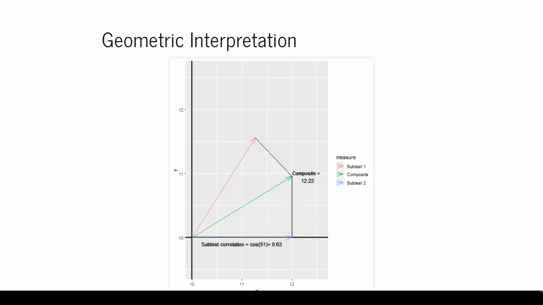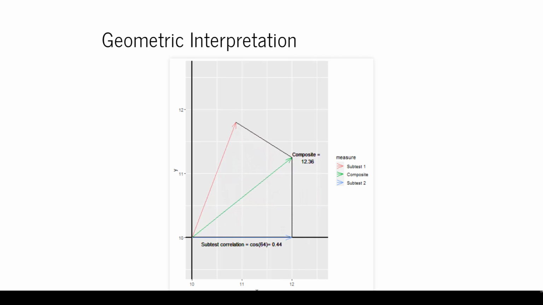Subtest 1 is in the red, subtest 2 is just along the x-axis in the blue. These 2 vectors make an angle, and the cosine of that angle is equal to the correlation of those vectors. As the vectors spread further and further apart, the correlation between them is going down, and the cosine of that angle is what the correlation is.